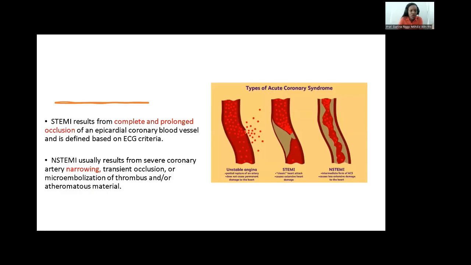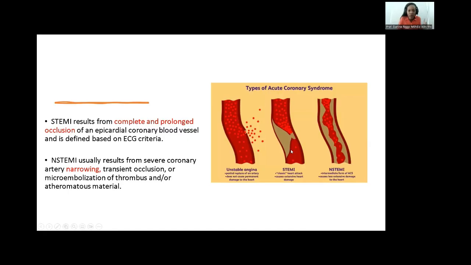But sometimes we want to look, is it a STEMI or non-STEMI, right? With the myocardial infarction. So this is the difference between a STEMI and a non-STEMI, right? And STEMI, it's your STEMIs, there's complete, like you see in this picture here, total blockage.